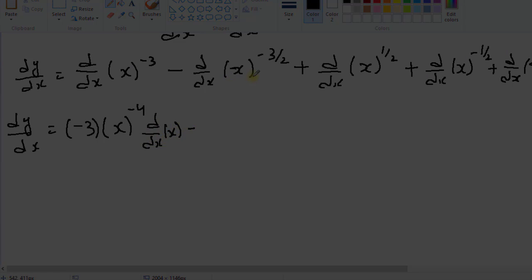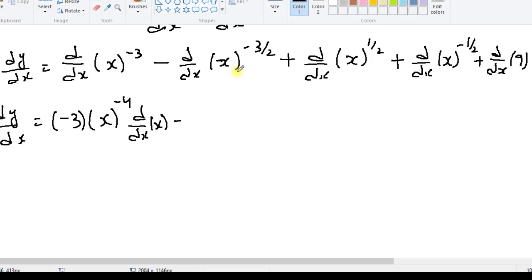And next I will also apply the power rule on this term. The first step of the power rule is to change the power into base. So it becomes minus 3 by 2, and next subtract 1 from the power. So minus 3 by 2 minus 1 becomes minus 5 by 2, okay, and then take the further derivative.